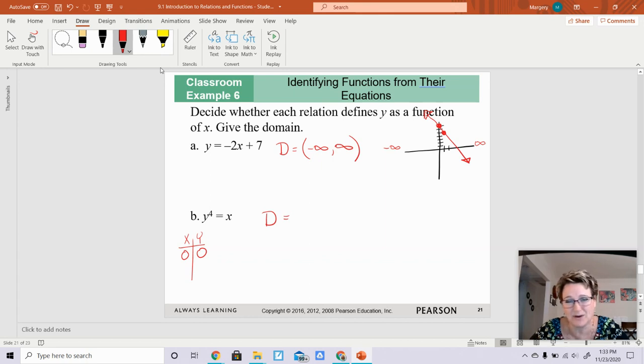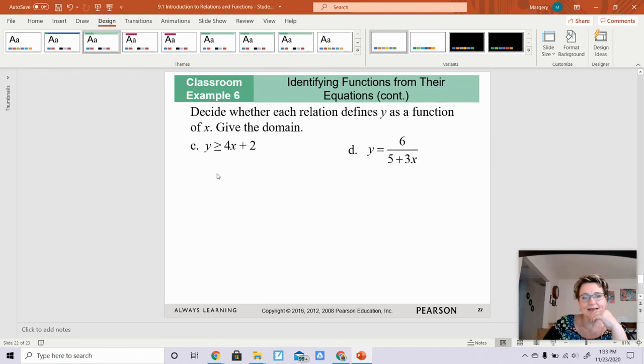So that's not going to work. So I can't have any negative numbers. So just by knowing that, I know that I can start at 0, and then I can plug in any number I want. Any number that is positive, though. So any number to positive infinity. And that would be the domain for that one.